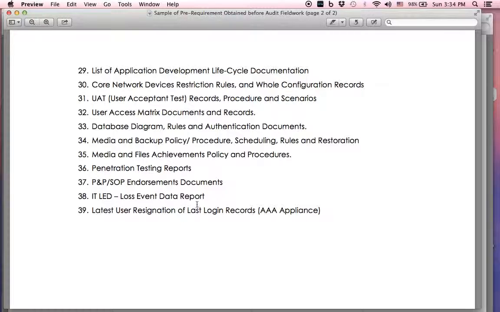So for this item we need to obtain the last login record from the resignation activity. For example, the last day of a staff member who accessed the core system, his or her last day was 30 May. So we need to obtain the last transaction that they accessed, to measure whether IT already revoked or disabled the account or not, related to staff movement, staff resignation or staff termination.